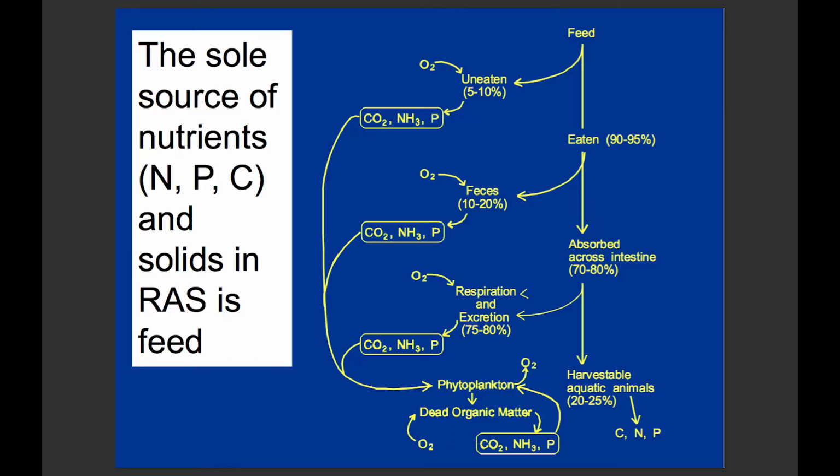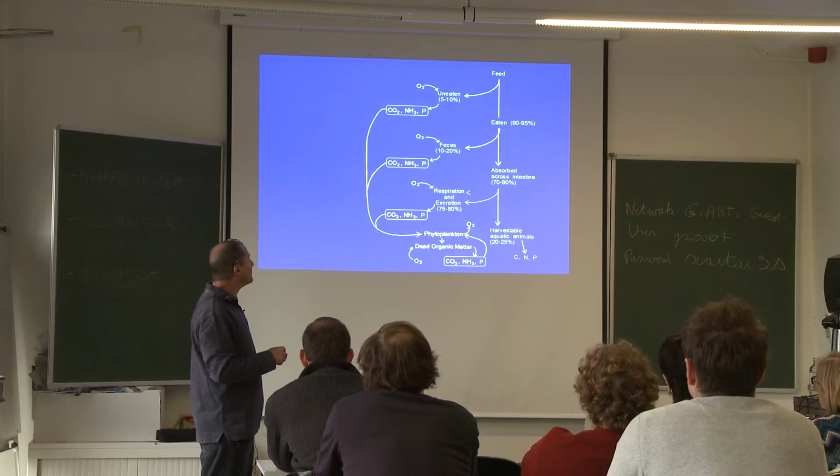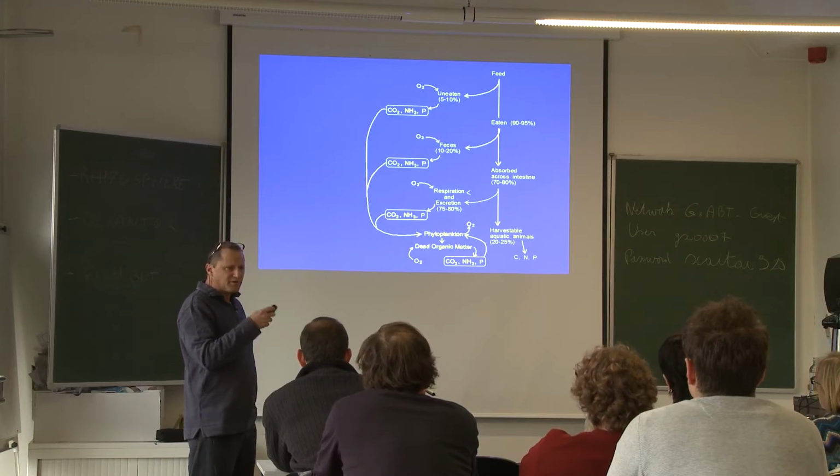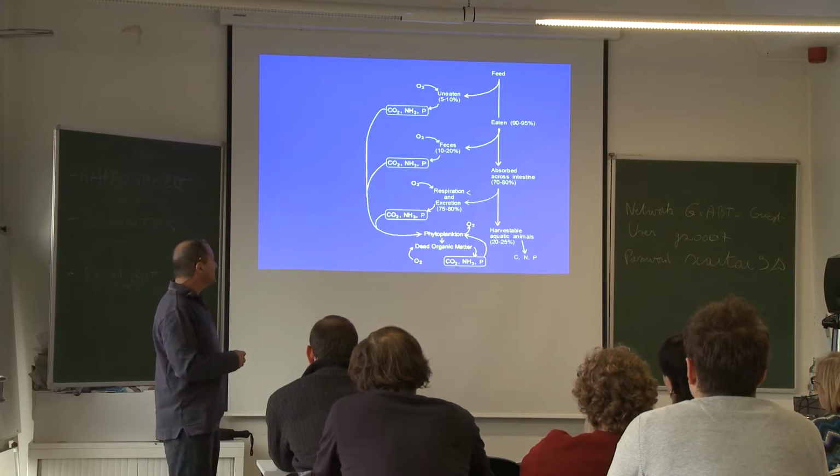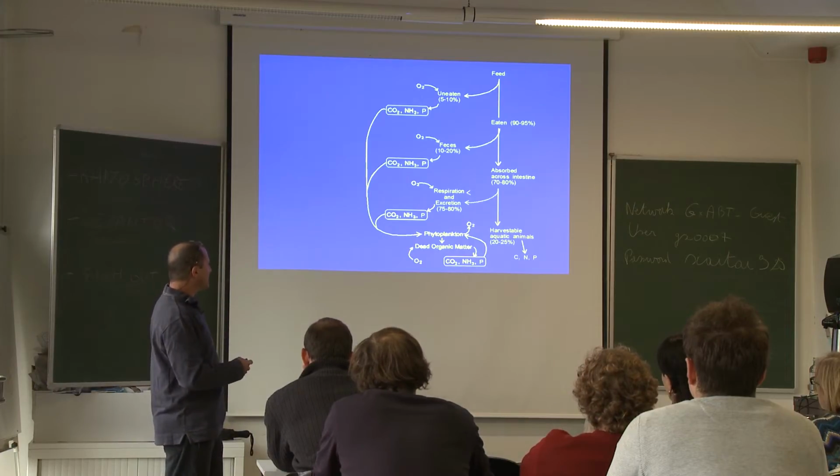There are no external inputs, whereas in a pond you'd have runoff and rain and God knows, dust. Here, it's in a closed container, there is one input, it's the feed. And understanding the fate of this feed helps a lot to move forward and understand what the needs are.